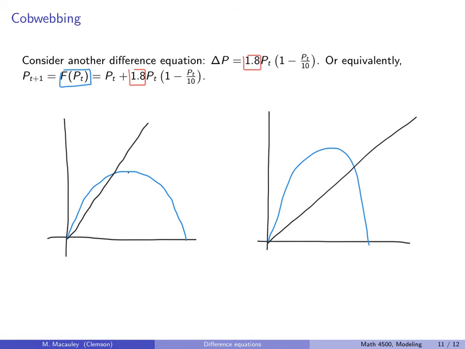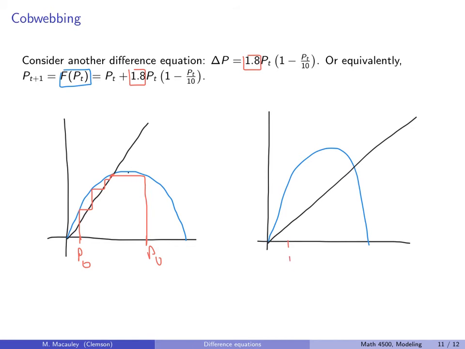So in the previous example, if we started out with P0 down here, and then we went up to the blue curve, over to the line, up to the curve, and we did this cobwebbing thing, we look like that. Or if we start over here, P0, then we go up to the blue curve, over to the black curve, and then we get stuck in here. Well, over here, let's do the same thing.